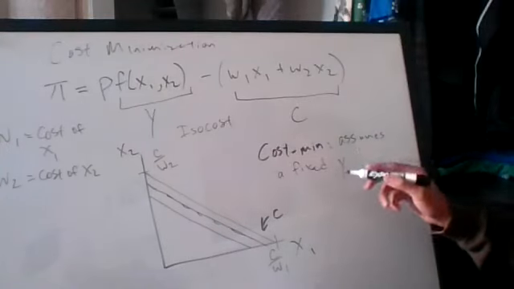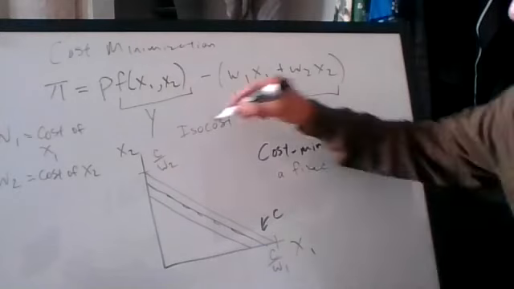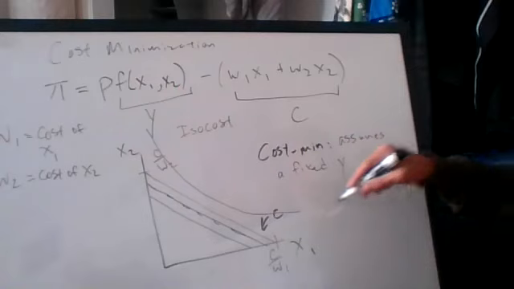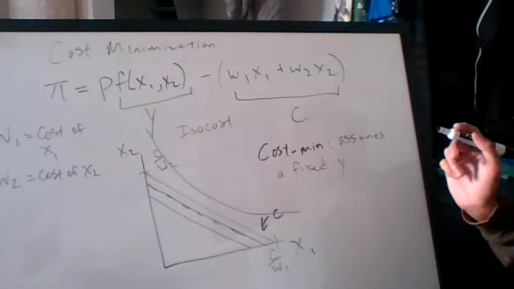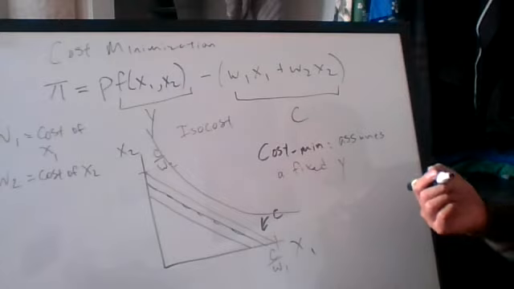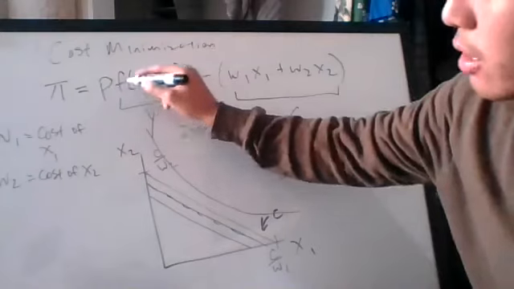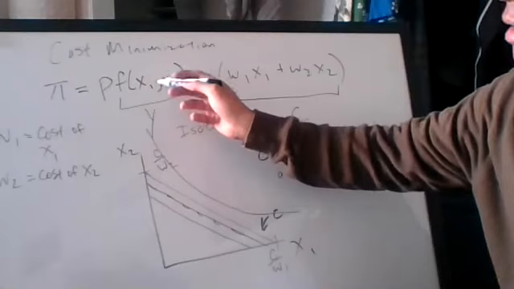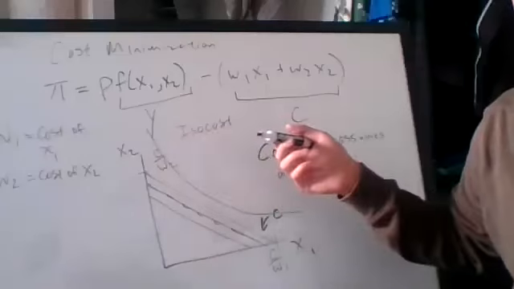It essentially means that my ISO quant is going to be fixed, meaning that I have a specific ISO quant that looks like this, and this is the only ISO quant that matters to me. Another way to think about it is that my revenue is already known to us, because we know what P is, and if we know what the ISO quant is, it basically tells us what our production is, which means that we already know what revenue is going to be.